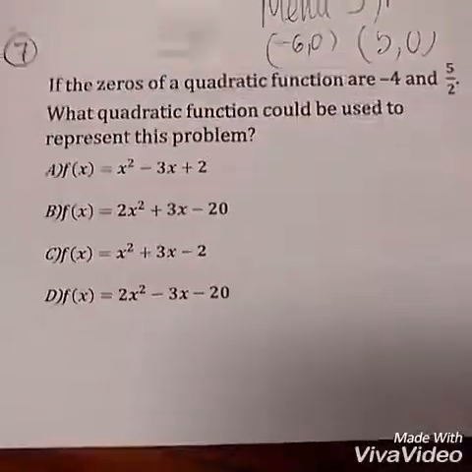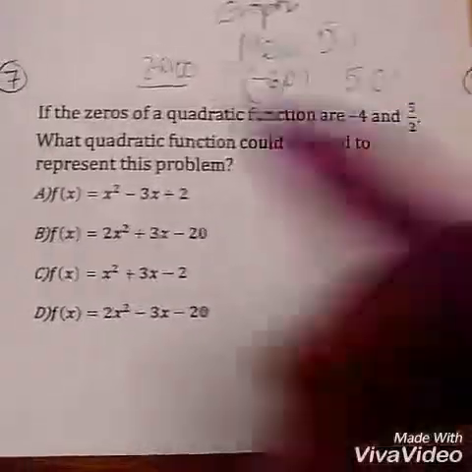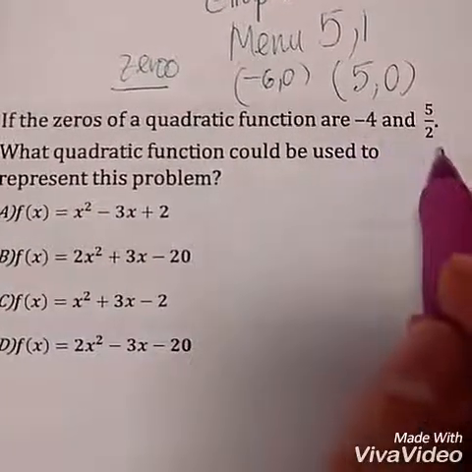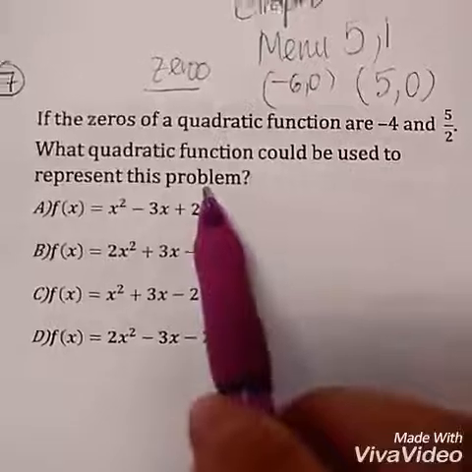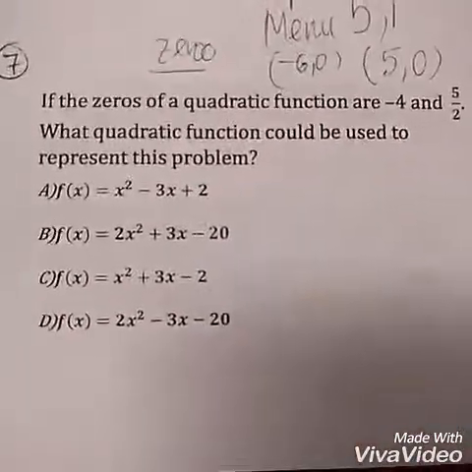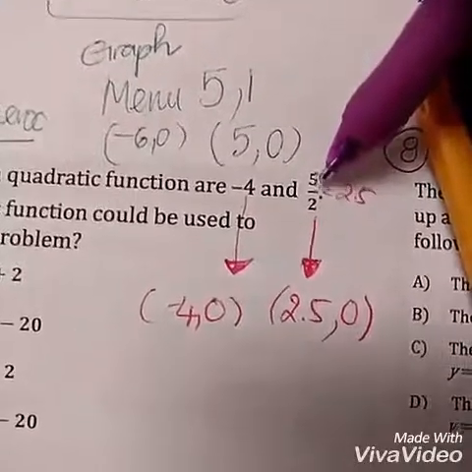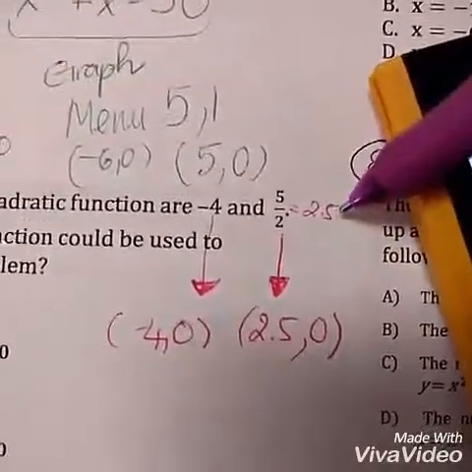Alright. Here's another type of problem that's similar to what we just did. This time they're giving you that the zeros of a quadratic function are -4 and 5/2. What quadratic function could be used to represent the problem? So the way that we're going to do it is we're going to translate, change 5/2 to 2.5.